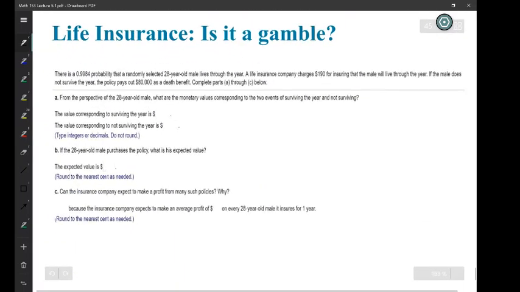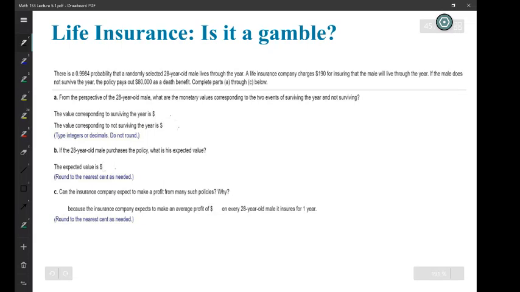Life insurance. Is it a gamble? There is a 0.9984 probability that a randomly selected 28-year-old male lives through the year. A life insurance company charges $190 per year for insuring that male. If the male does not survive, the policy pays out $80,000 as a death benefit.